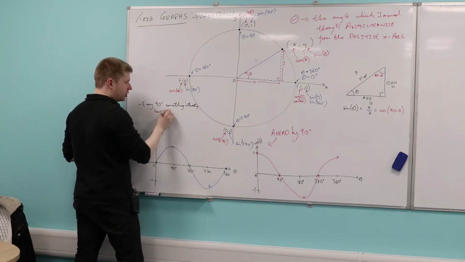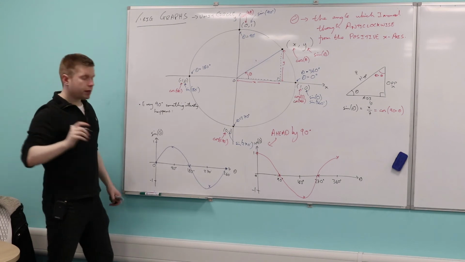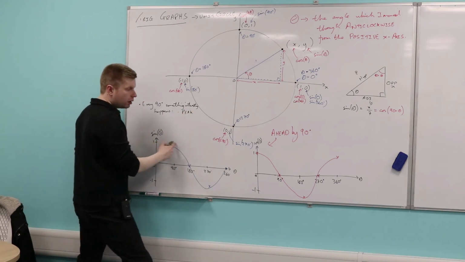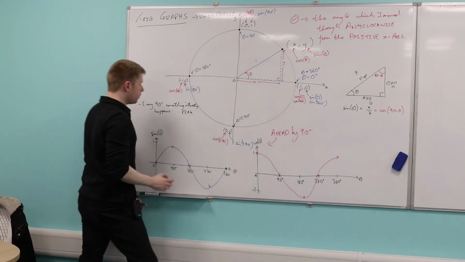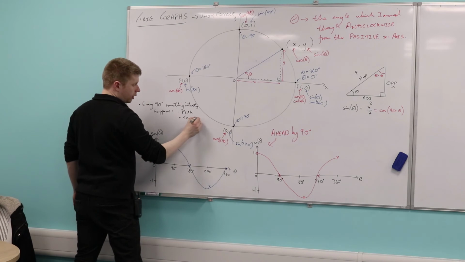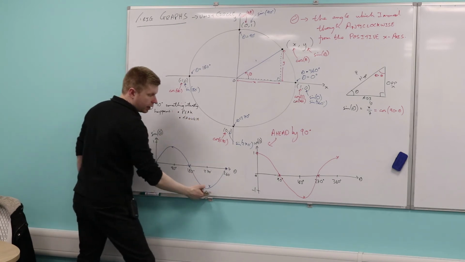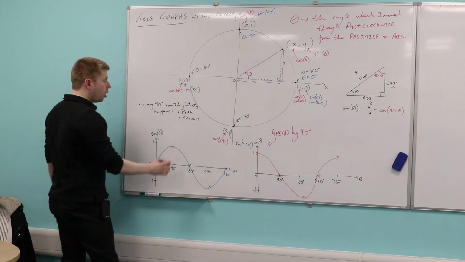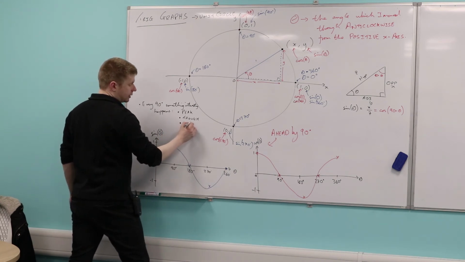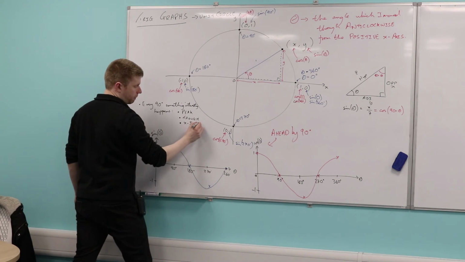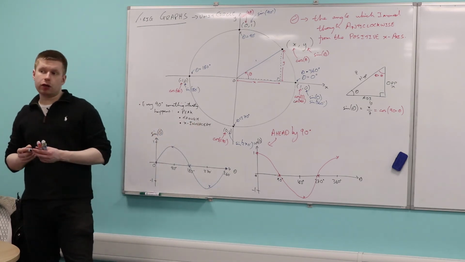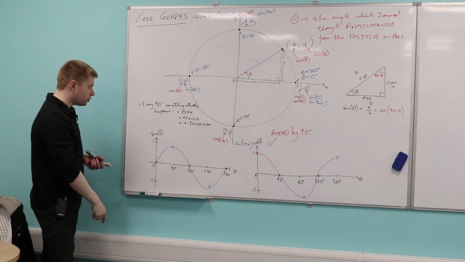Now what I mean by interesting is either it reaches a peak, so here, or here, or here, or it reaches a trough, in other words the minimum point on the graph, so here or here for example, or it cuts through the axis, so an x-intercept. And one of these three things will happen every 90 degrees. So work this through with me.